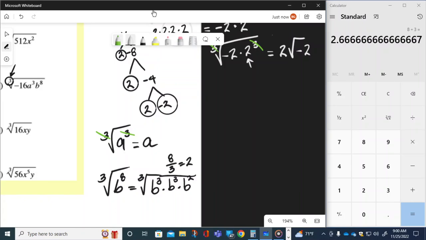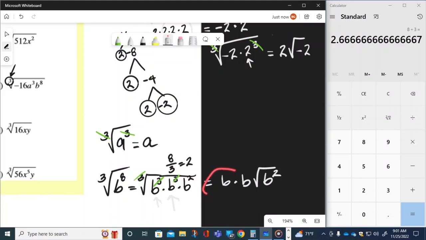So this B gets out of jail because he has the right key. This B gets out of jail because he has the right key. B to the power of 2, however, has to stay behind. So you got one B that gets out of jail, which is this one. And then you got another B that gets out of jail, which is that one. And B to the power of 2 stayed in jail.